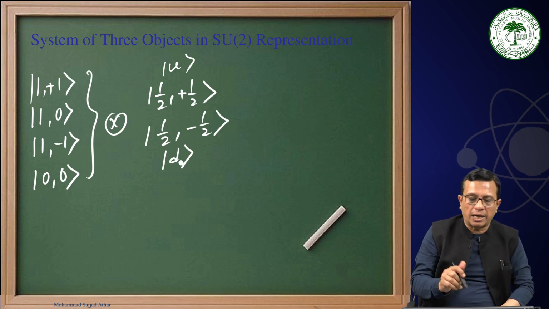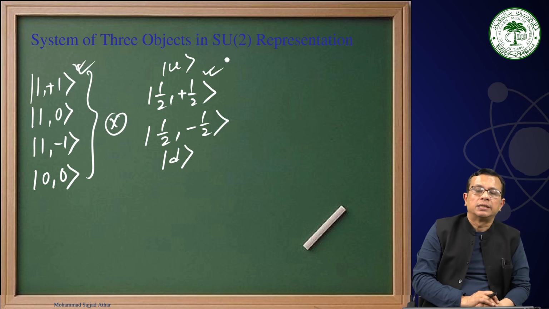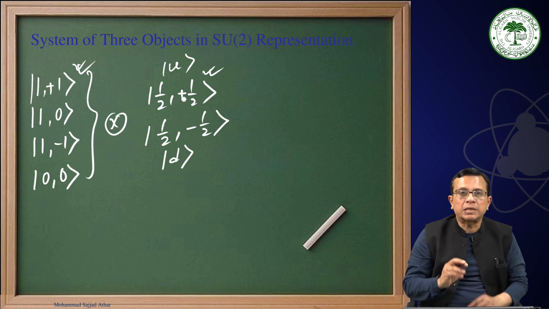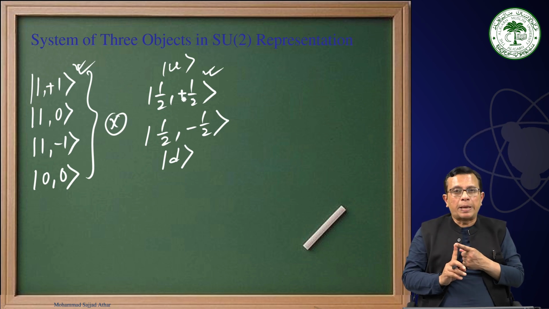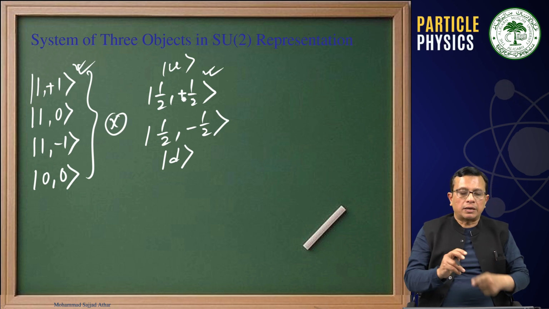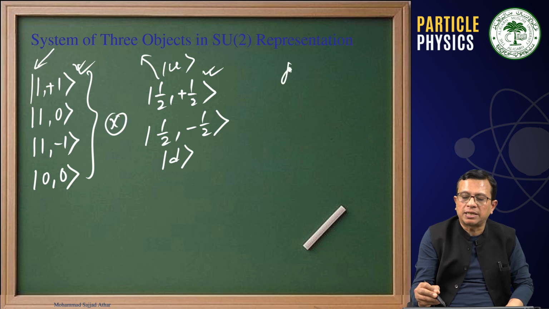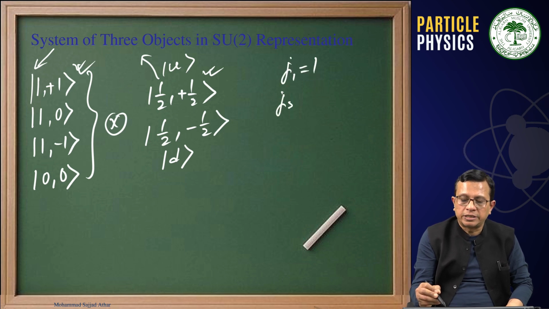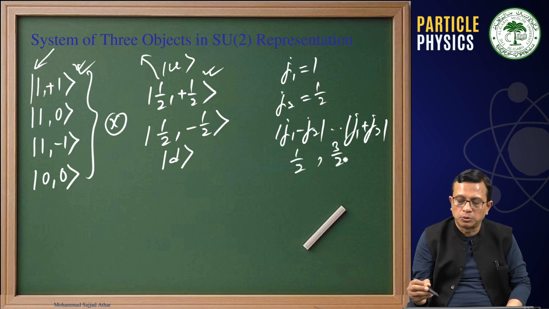Now again there is a catch, and the catch is when we consider these two, then plus 1 and plus half, when we algebraically add them up, we will get only plus 3 by 2. And while for 1 and half, J1 and J2, let us call them to make life simple, J1 is 1, J2 is half, this will go from J1 minus J2 to J1 plus J2, and this is nothing but half and 3 by 2.